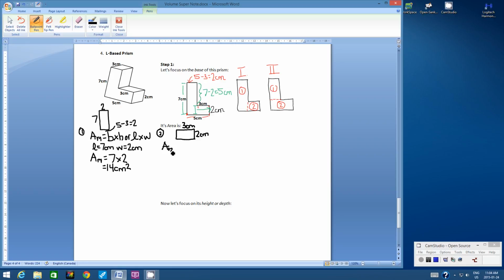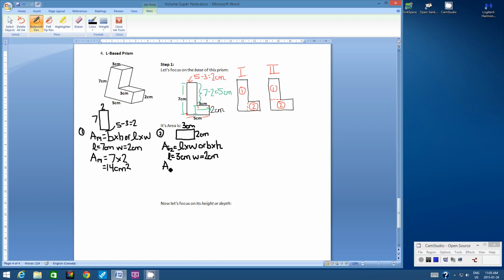Area of rectangle 2 equals length times width, or base times height. We know that the length, the longer side, is 3 centimeters. We know that the width, the shorter side, is 2 centimeters.